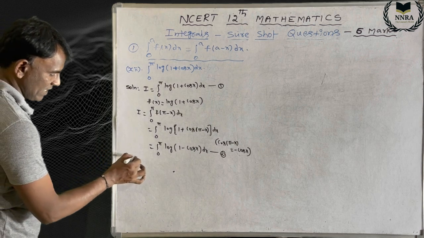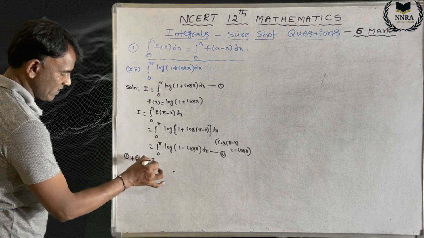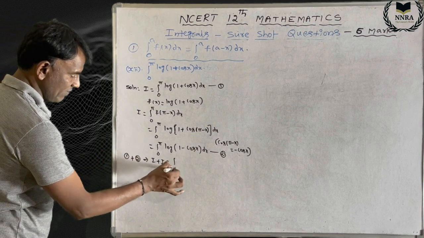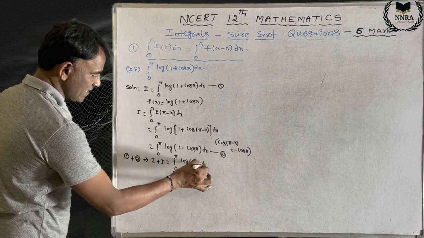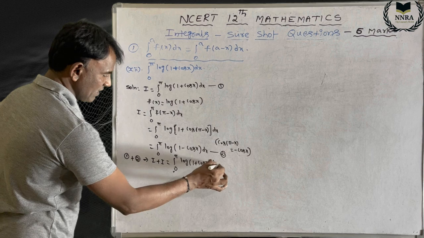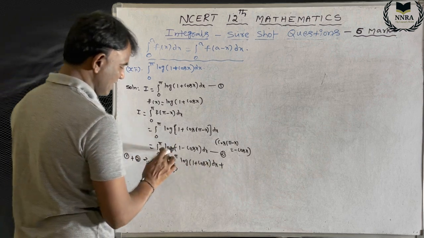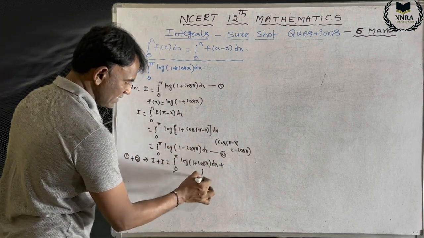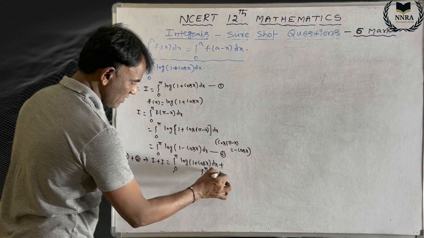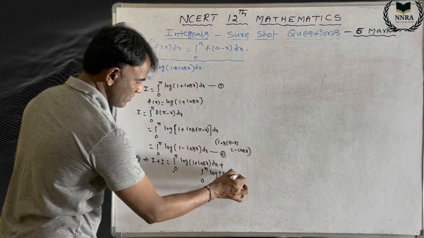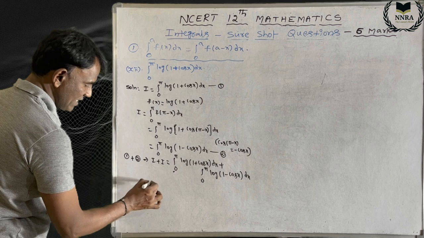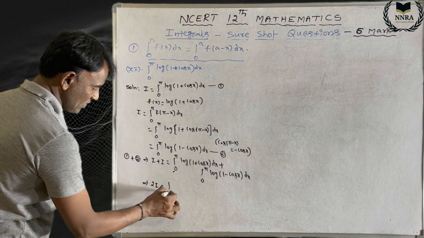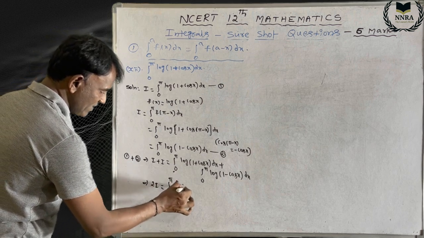Now 1 plus 2. So left side value is I plus I. And the first term is 0 to pi log of 1 plus cos x into dx, right? And what about the second value? Again integral 0 to pi log of 1 minus cos x then dx. So I plus I is 2I and 0 to pi. So what is that first value?